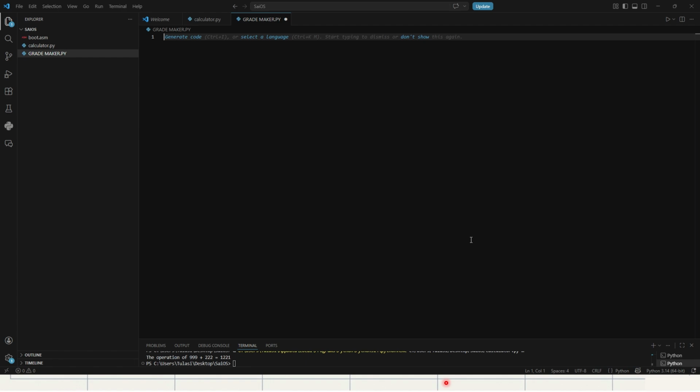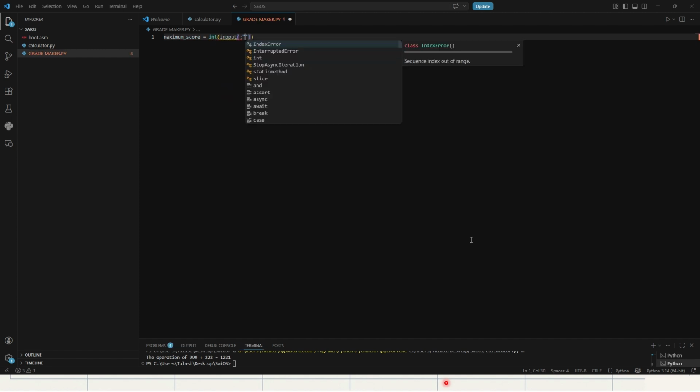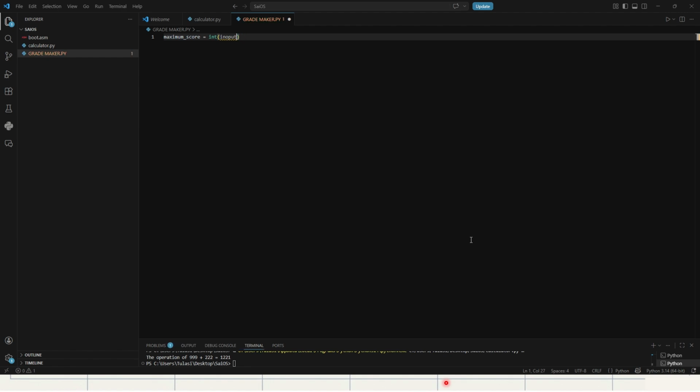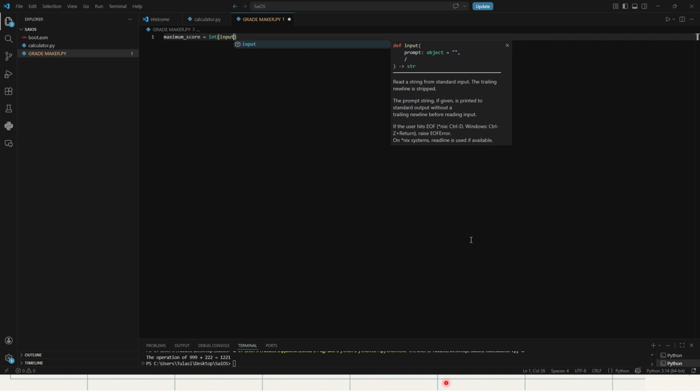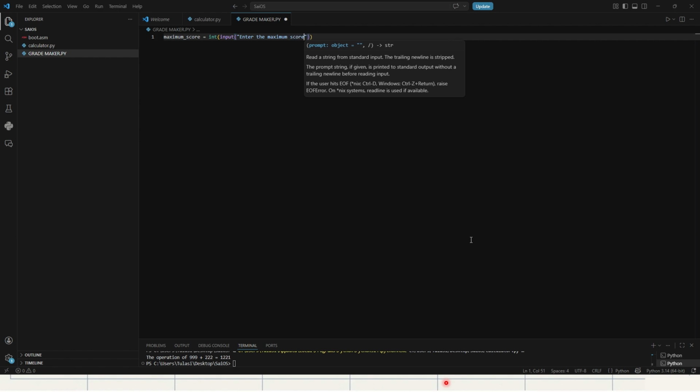So now we can first ask the maximum score, equal to integer of input, enter the maximum score of yours.